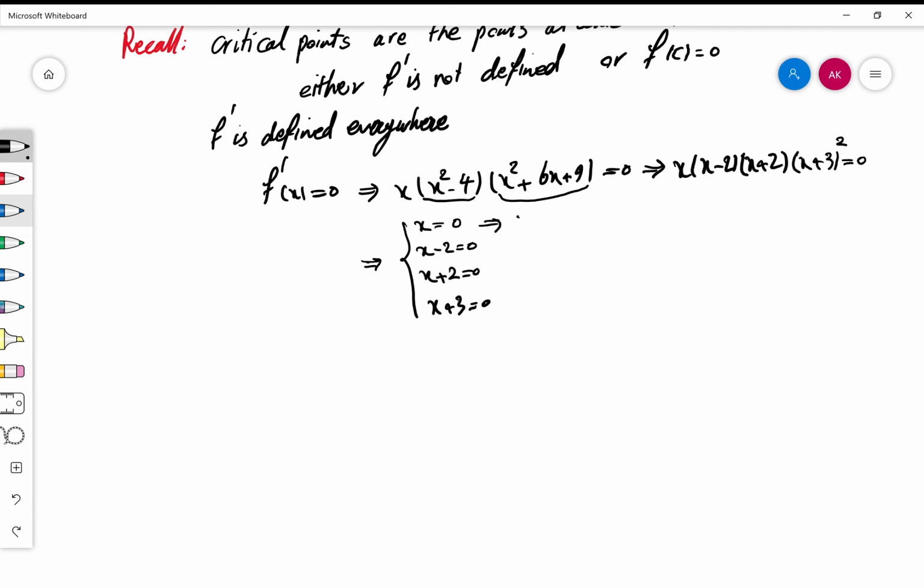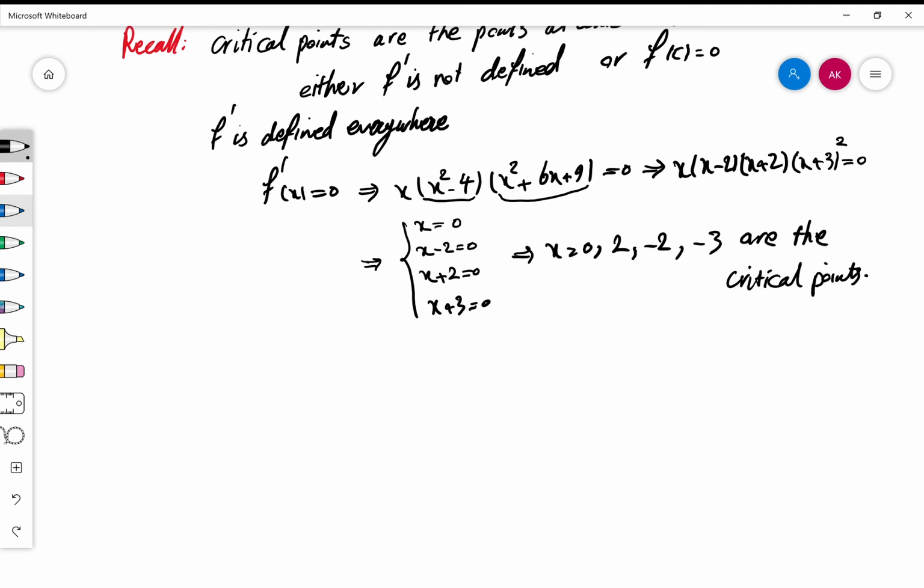From these, what we get is that x equals 0, 2, negative 2, and negative 3 are the critical points.